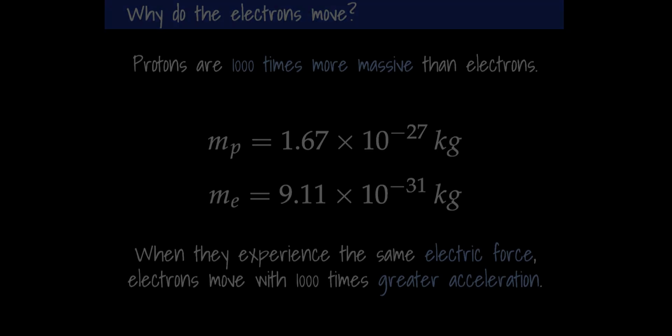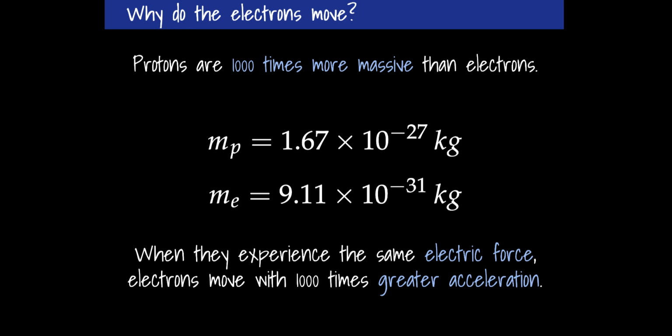Here's the thing. Atoms are made of electrons and protons. So why don't the protons move? Like, why has it got to be the electrons? There's a very simple answer to that. We always think about electrical effects in the context of the electrons moving around, because electrons are really, really low mass particles. The mass of a proton is 1,000 times greater than an electron.